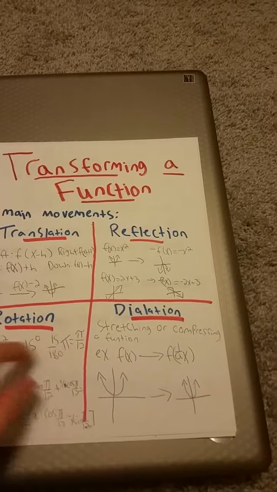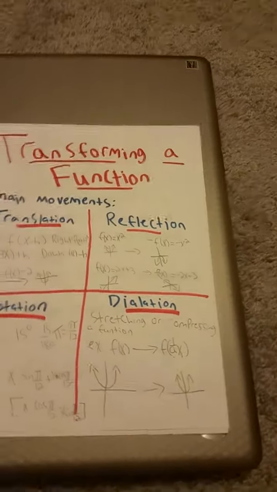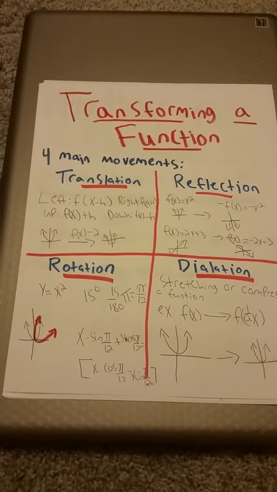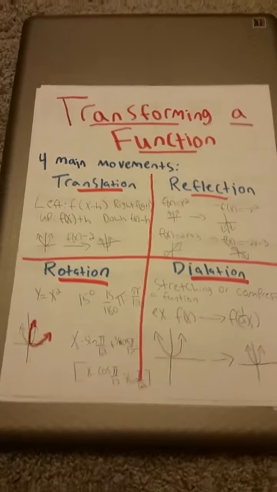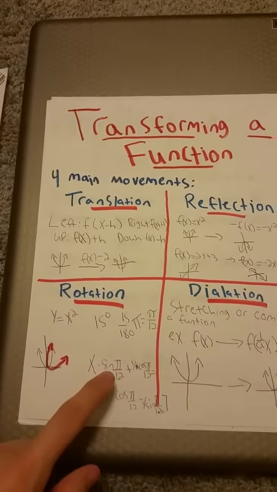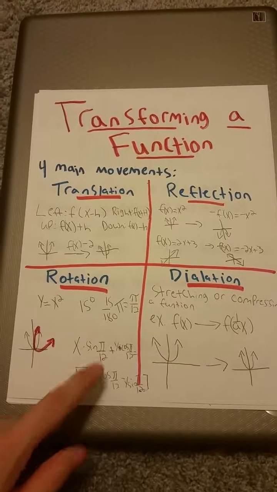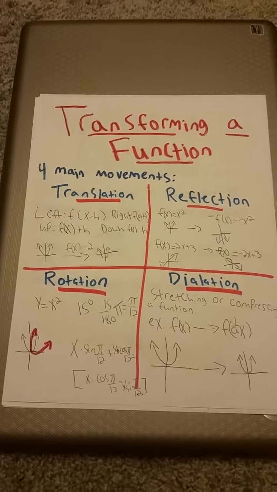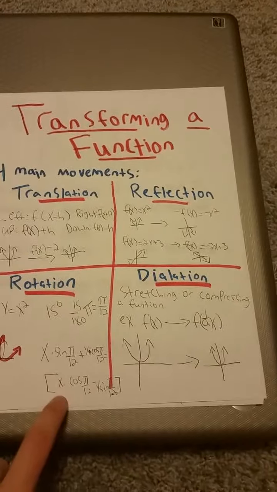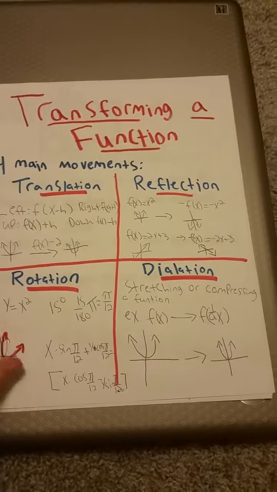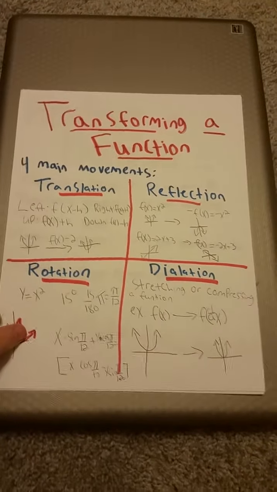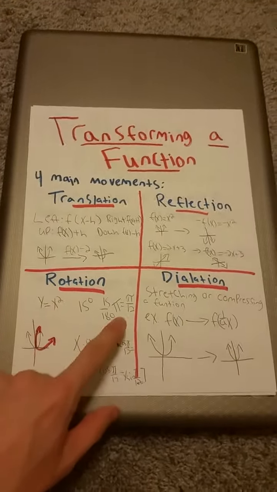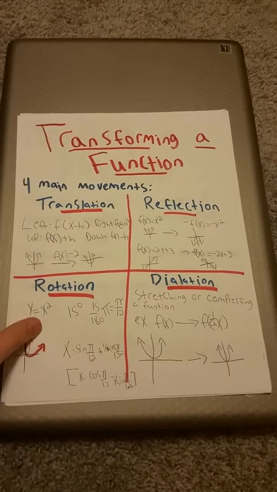By doing this formula, we get pi over 12. After that, we have to multiply it by x times sine pi over 12 plus y times cosine pi over 12, which equals x cosine pi over 12, y sine pi over 12. And that is a formula that you can just write down, and you see we just inputted this right here, but the rest of the formula stays the same.